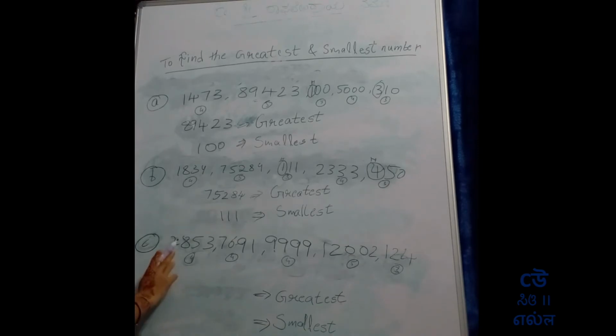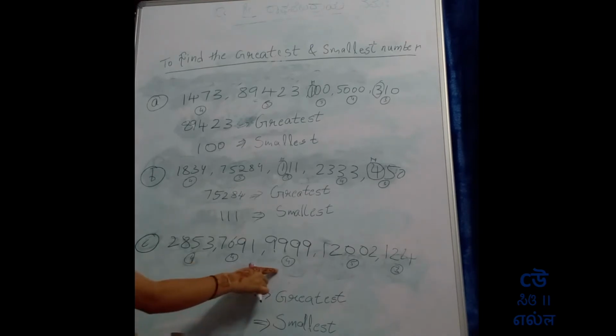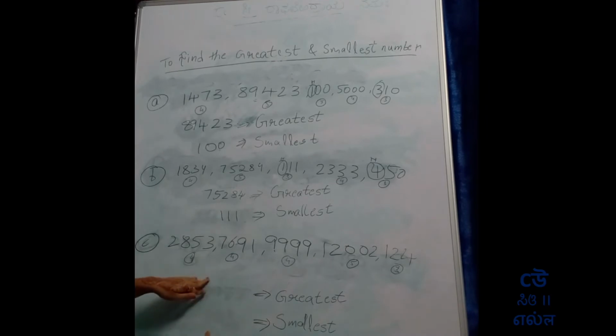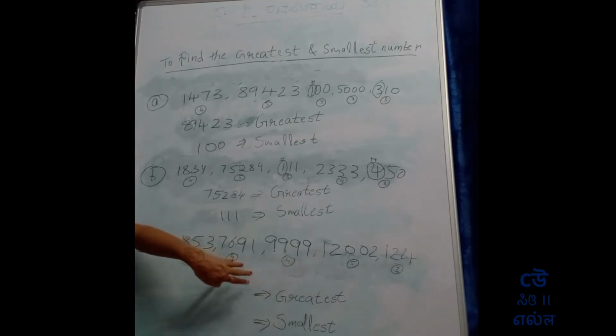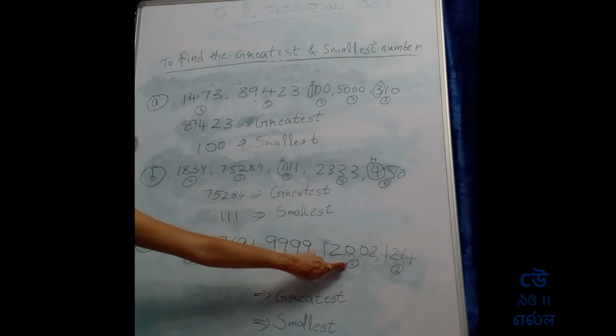In these 5 numbers, the greatest number of digits is 5.